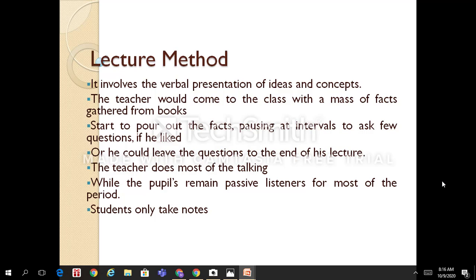Or he may ask you questions during the lesson, and he may not. The teacher does most of the talking. He's the alpha and omega. He's the one that says everything, that knows everything. While the pupils remain passive, they will be there listening and taking notes.